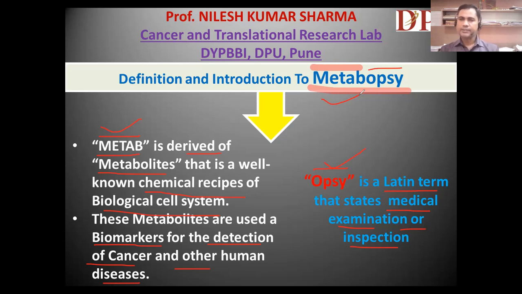It can be cancer patients or any other human disease like inborn error of metabolism, diabetes, or neurodegenerative disorders and many more. So my dear friends, that was the concept and idea behind this particular word and the definition of metabopsy.